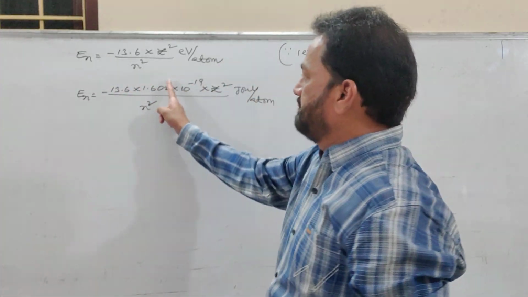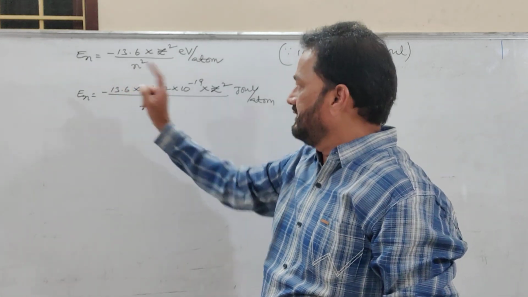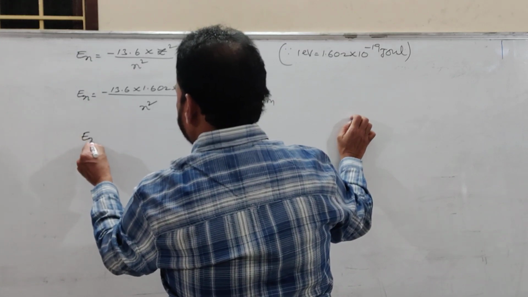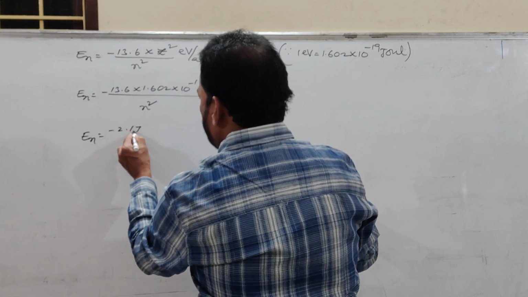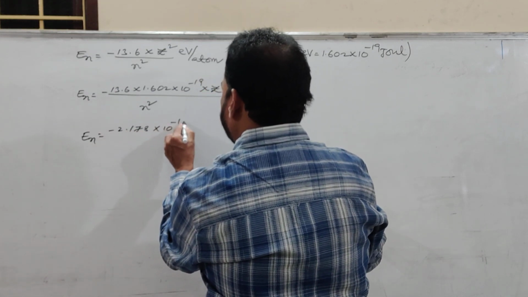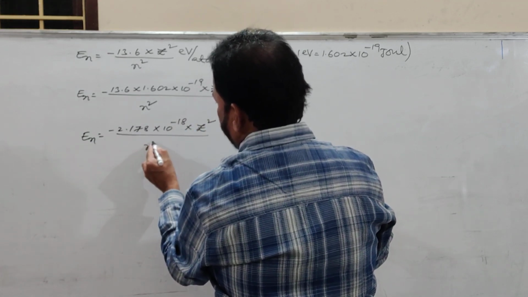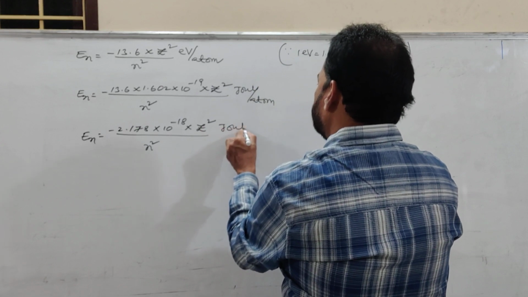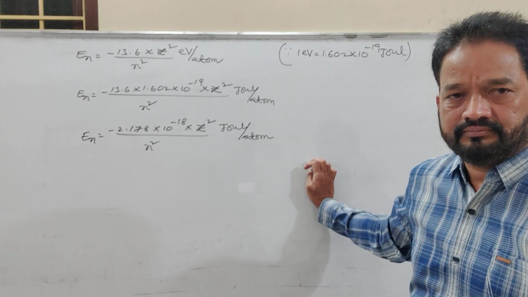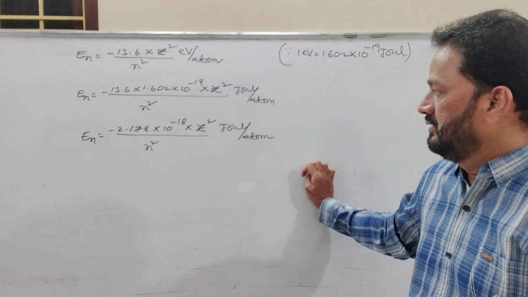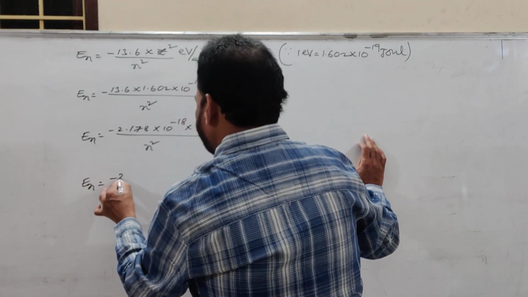So, when I multiply this, minus 21.78, and that I want to write as, every step I want to explain, minus 2.178 into 10 power minus 18 into Z square by N square joule per atom. The same expression I want to write again.